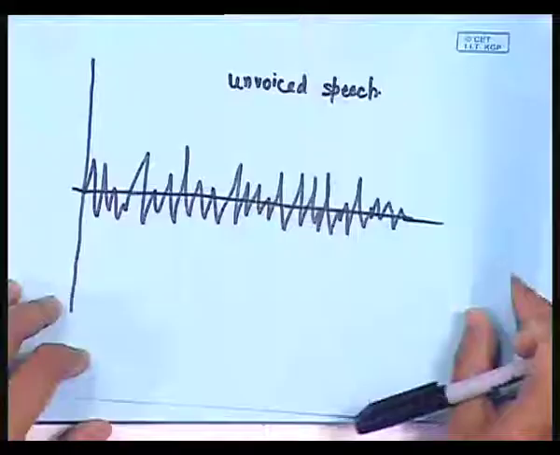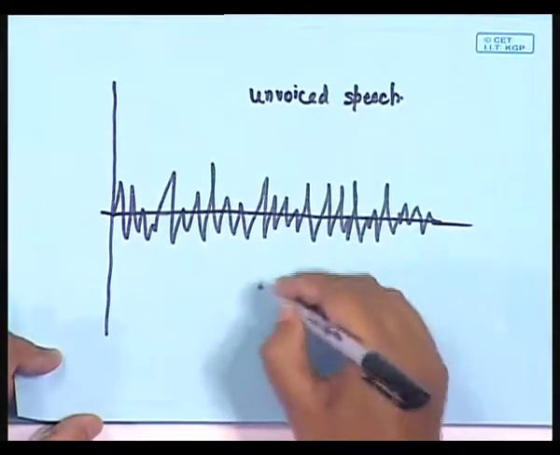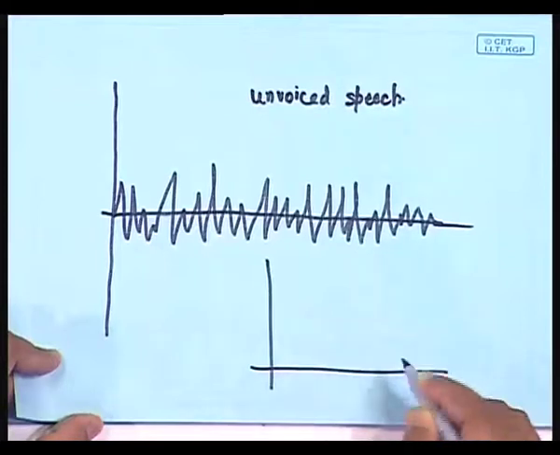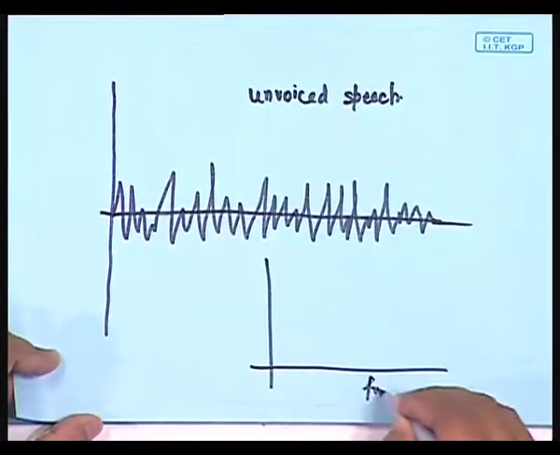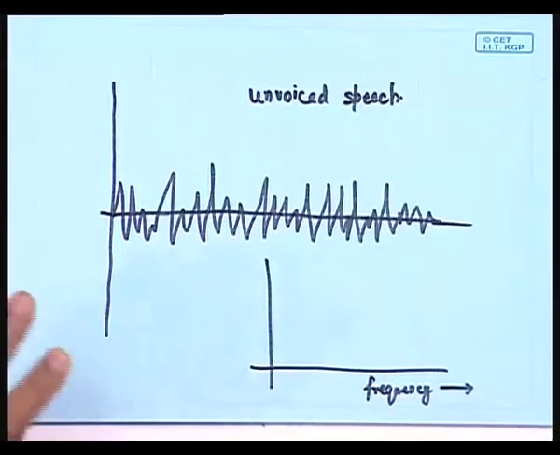For the case of unvoiced speech, when you have a waveform like this, you can well imagine that if you take the frequency spectrum of that, you would not expect much variation. You would definitely not expect the formant frequencies, because as I was telling you in the first place, unvoiced speech signals are not produced through the excitation of the glottal pulses.